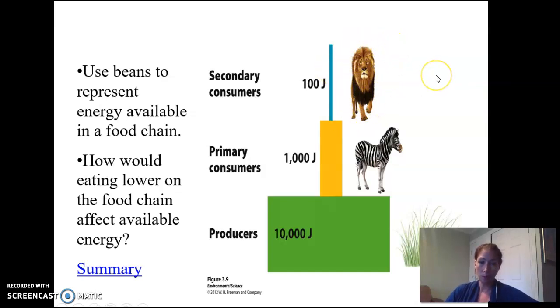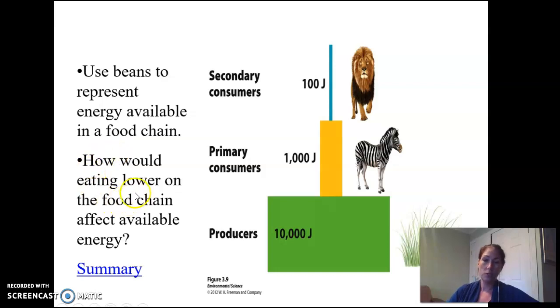Just thermodynamics wise, you cannot have the energy within an ecosystem to support a large number of top predators. That's also why our producers always have to be the largest amount in any ecosystem, because so much energy is lost from producers to our primary consumers.